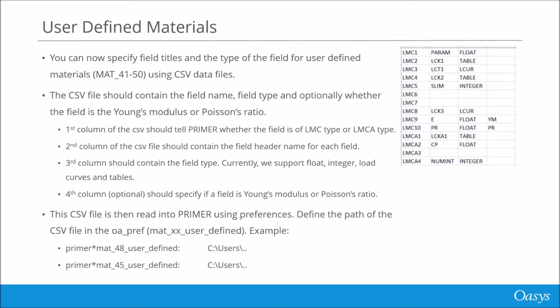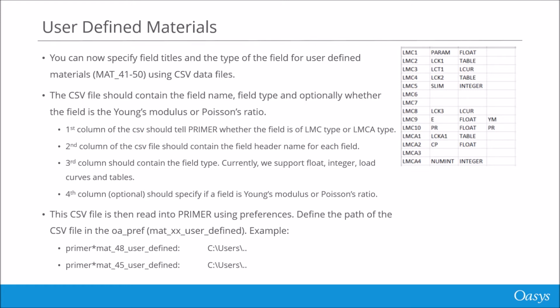So what we've done in Oasys 17, and this is in Primer, you can now specify the field titles and the type of field for the user-defined material for materials 41 to 50 using a CSV data file that lives externally to Primer. And it looks something like this on the right-hand side here. You can see the field names, as mentioned in DYNA, in the first column.